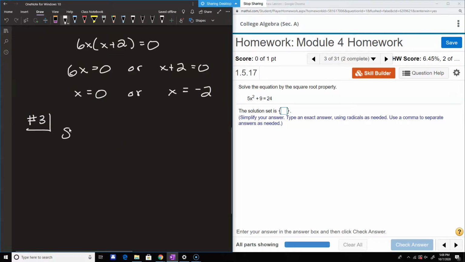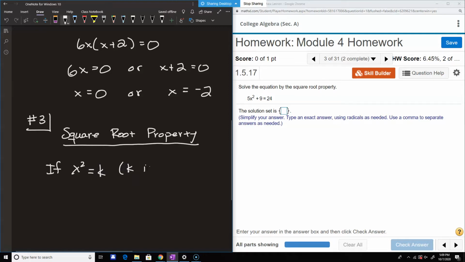So the square root property, let's write down what that is. Basically, this says if you have something of the form x squared equals k, where k is non-negative, if k is not a negative number, then you have two solutions, namely x is plus or minus the square root of k.